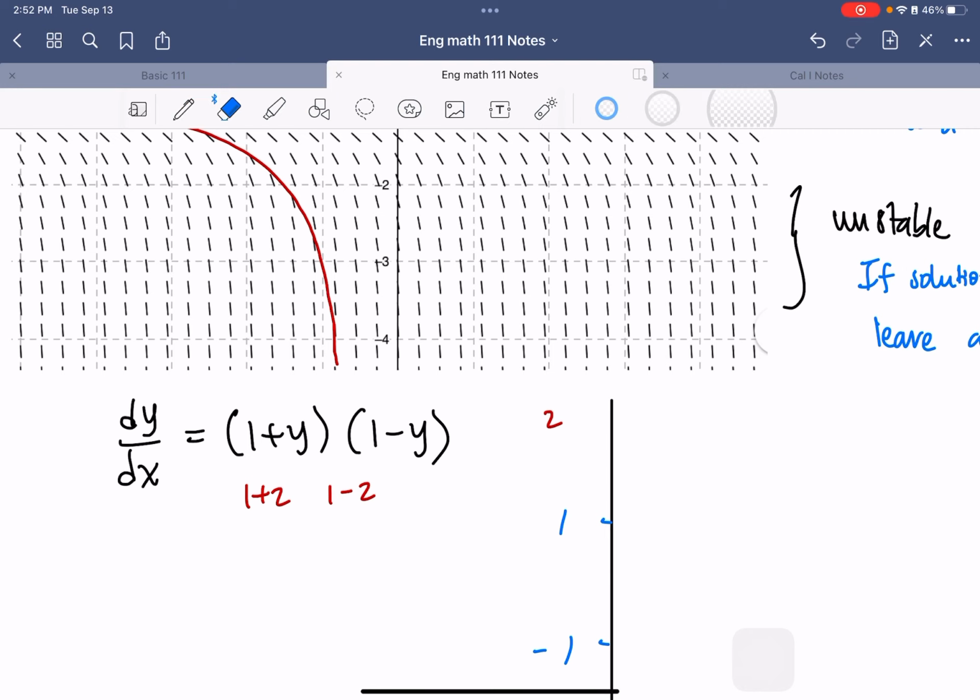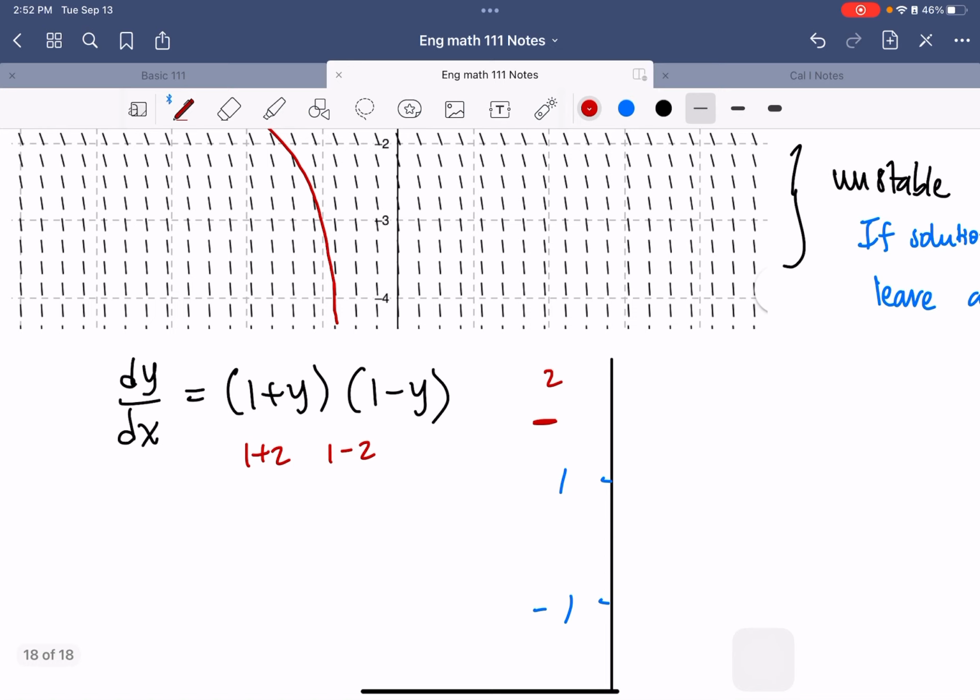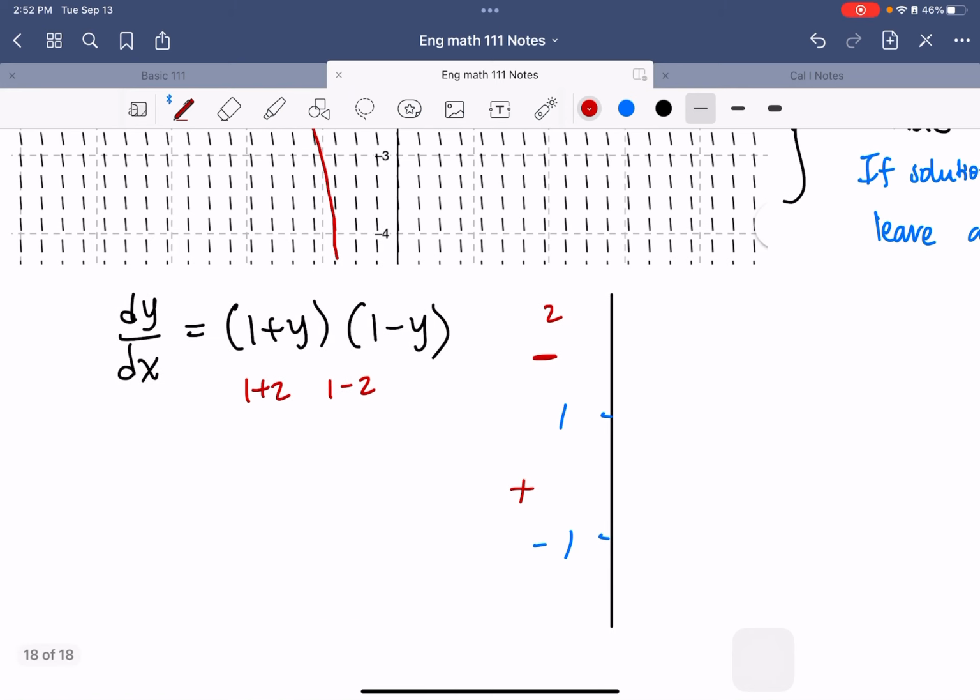So let me write here a negative. Then between 1 and negative 1, maybe 0. It's positive, right? Positive. And then below negative 1, maybe negative 2.